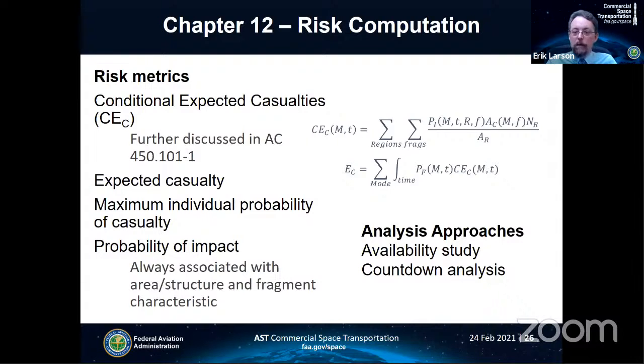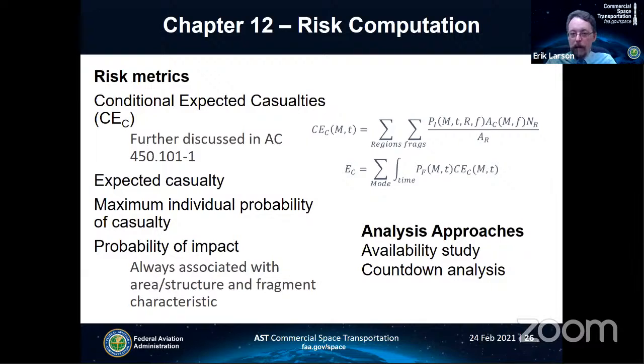Basically, I've got a couple of simple equations there. The CEC is specific for a failure mode in a certain time interval. And then EC is just integrating all of the CECs when they're multiplied by the probability of that mode at that time. So that's how CEC and EC are related.